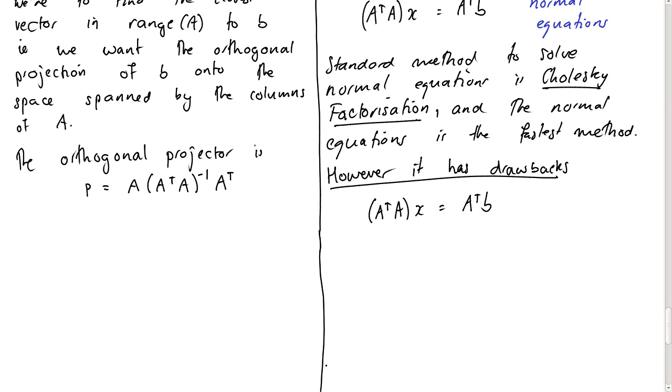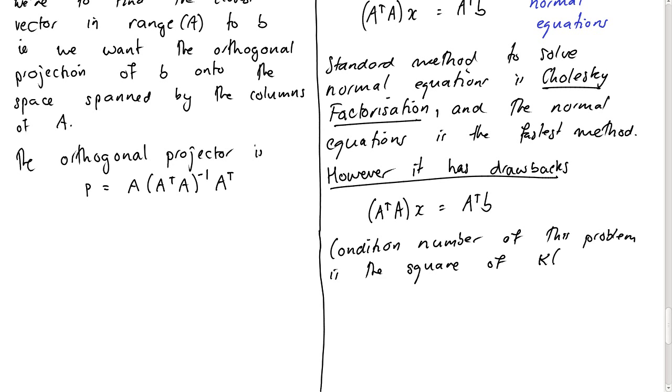So when we're solving this equation, we've basically got A appearing twice when we're multiplying x. So the condition number of this problem is the square of the condition number of A. Okay, so that's a real problem.